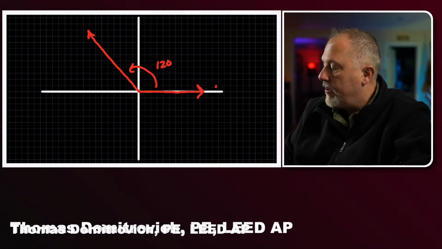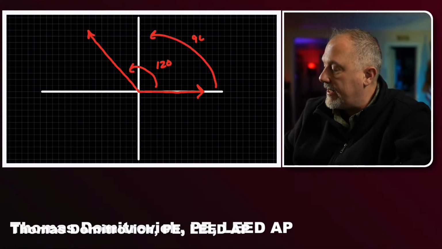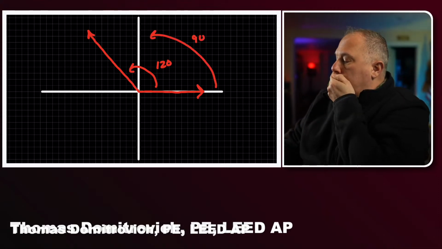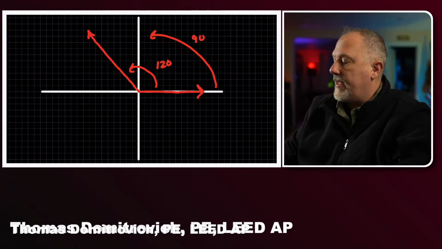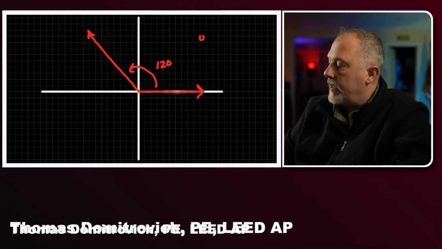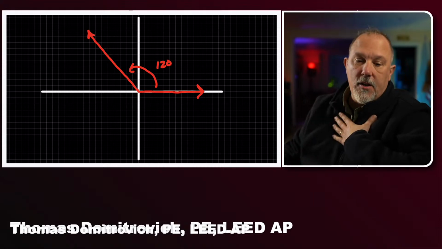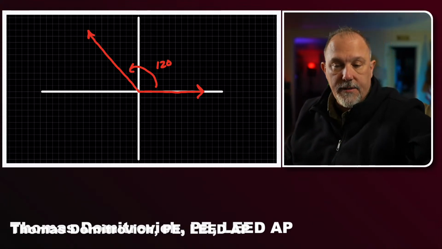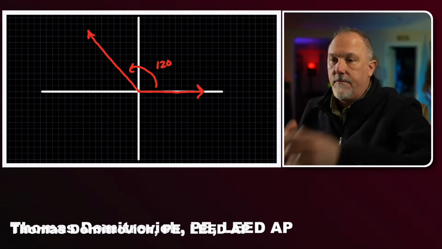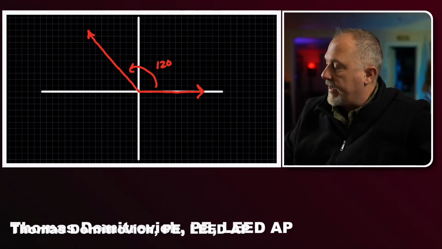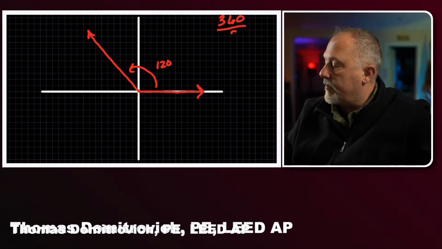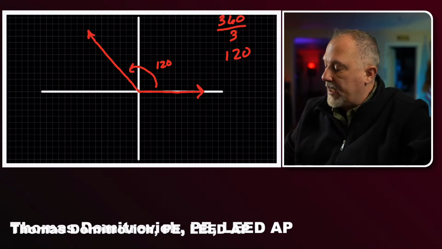Now remember, from here to here is 90. If I take 360 divided by 3, I get 120, so evenly spaced apart. I'm sorry for my cough. I've got some stuff going on in my throat.